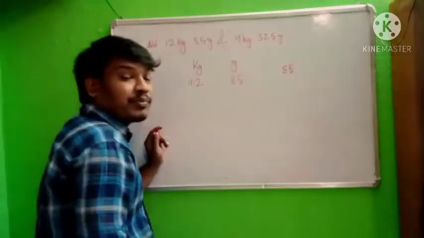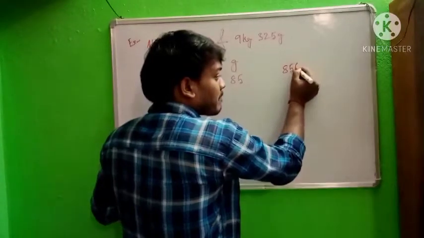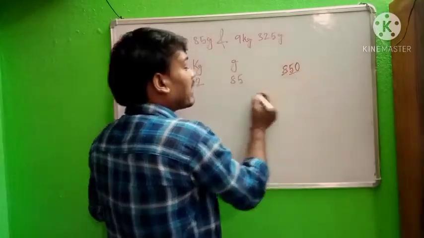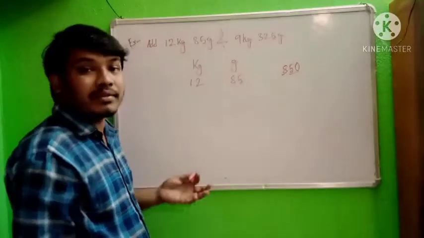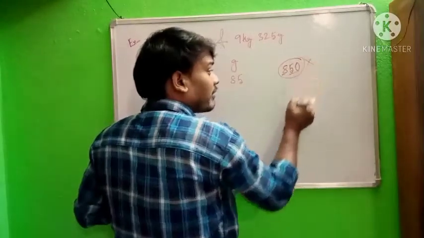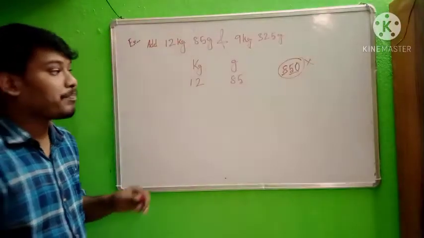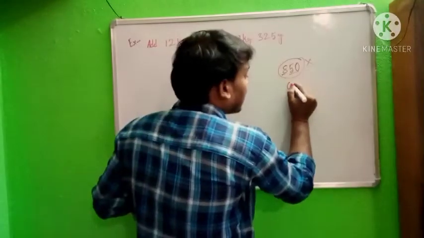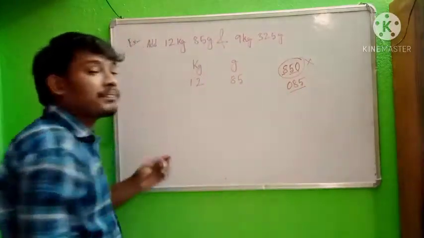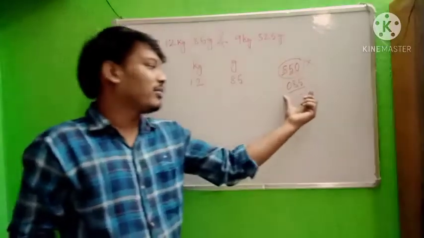If we put 0 at the end, it becomes 850, and the value is not equal to 85. So we cannot write 85 as 850. But if we write 085, that means 85, and the value is not changed.